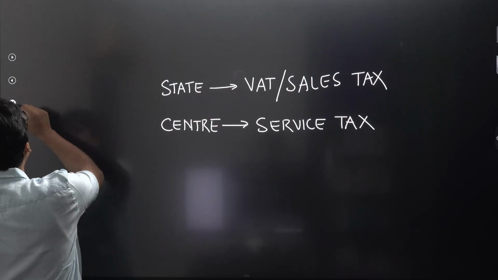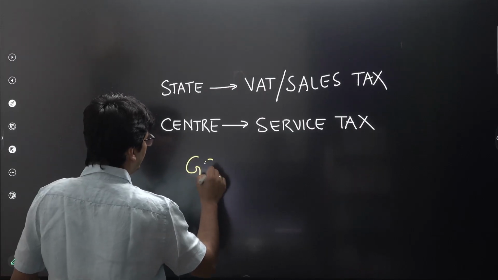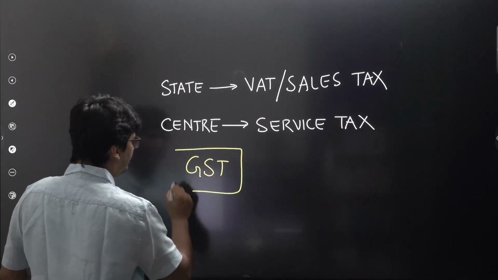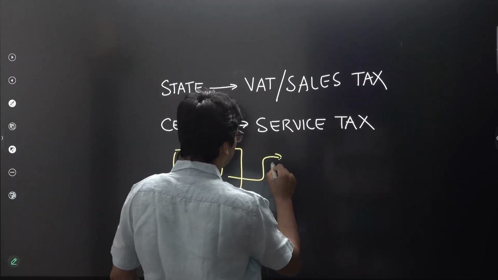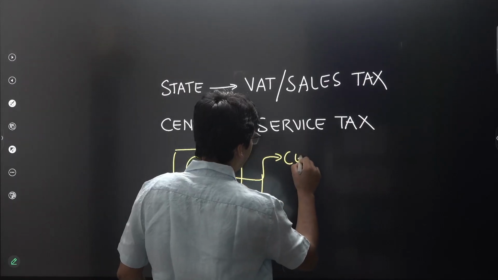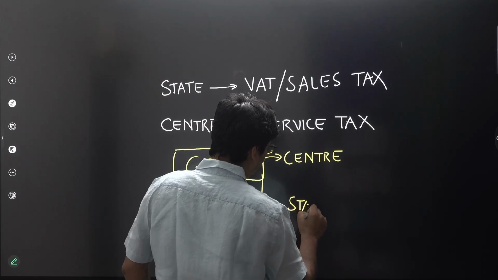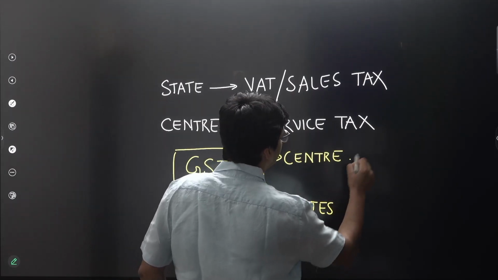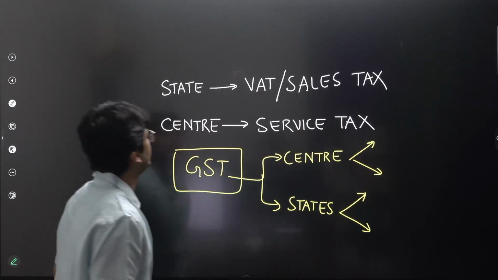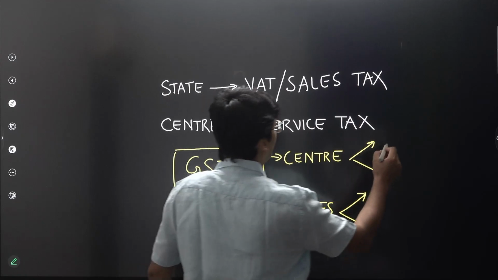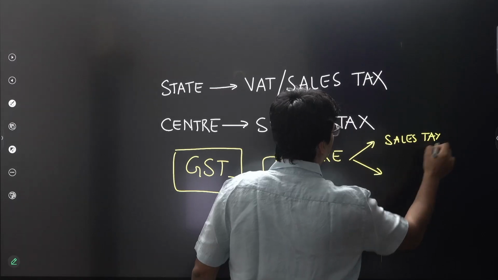Now the GST regime, जो GST regime था, it envisaged a mechanism whereby both centre and states needed to collect both these taxes. That is VAT, centre also has to collect sales tax and of course service tax.